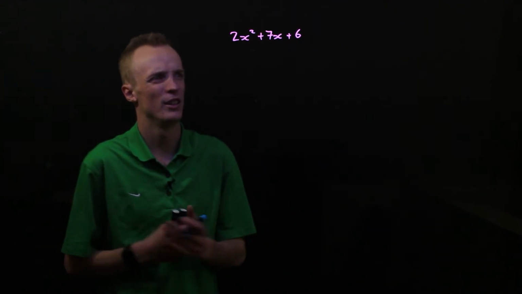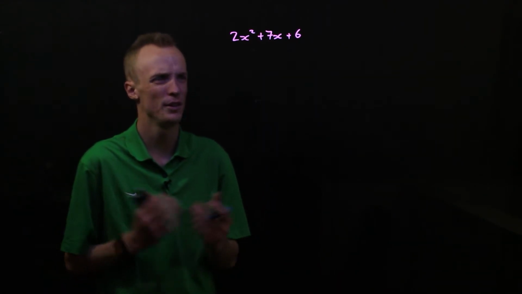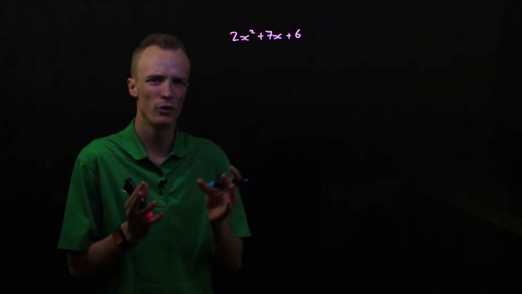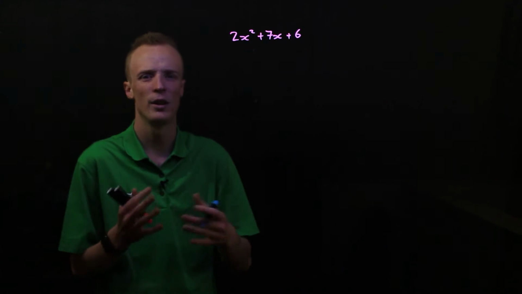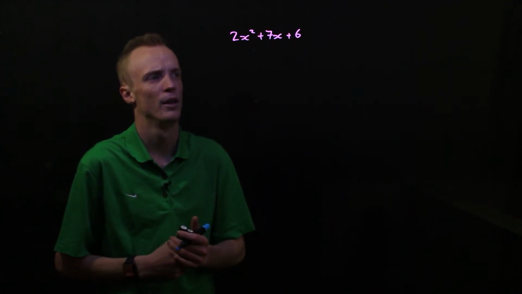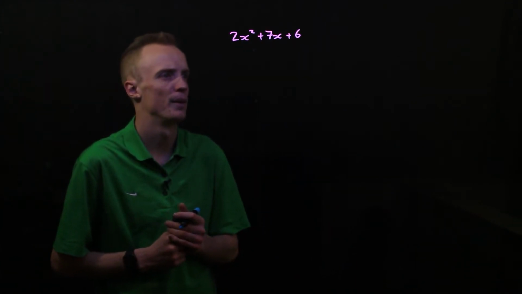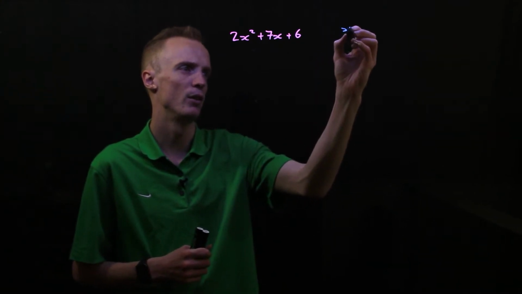Well, one strategy that I like to use is known as the cross method, which is a bit of trial and error, but it helps put down your thoughts and to work out what combinations might work. Now, the cross method works by doing the following. First of all, I create an x column.